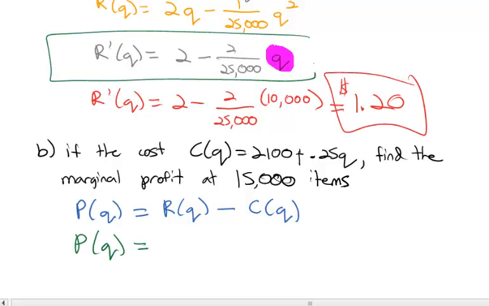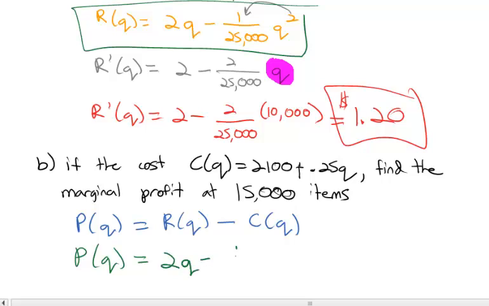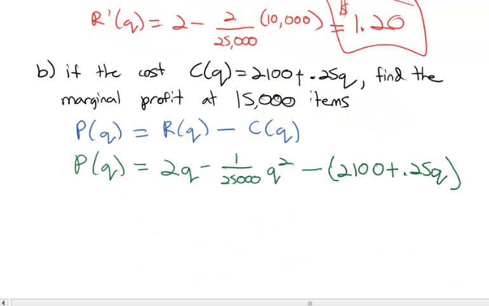Up above, the revenue was 2Q minus 1 over 25,000 Q squared. Minus the cost. And notice we're subtracting the entire cost function, not just the first part of the cost function. So please put it in parentheses, 2100 plus 0.25Q.